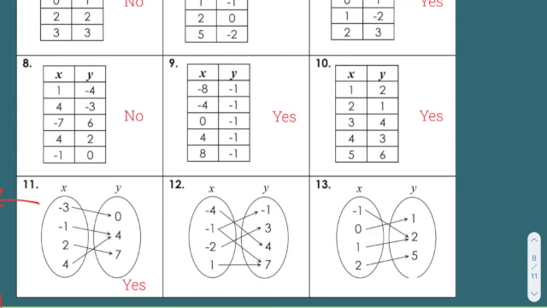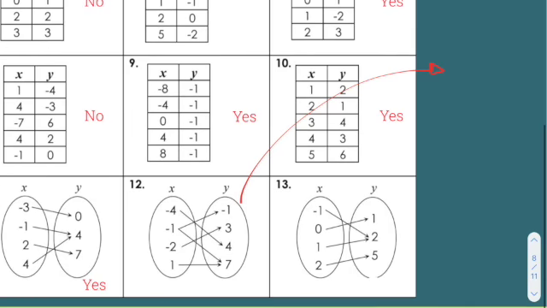Okay? Number 12. Let's take a look at number 12. Over here, I'm going to try to figure out the ordered pairs. So the first ordered pair I have is -4, 4. So let's write that down, -4, 4. Second ordered pair is -1, and you see there are two arrows, so we're going to have two different points. -1 going to -1.